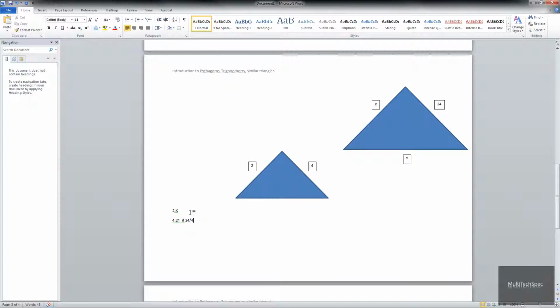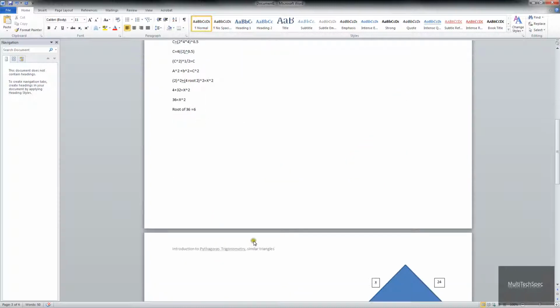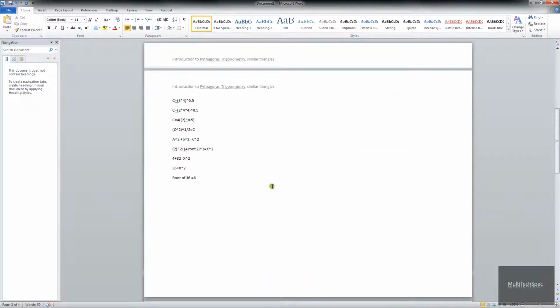If we divide 4 into 24, we notice we get a scale factor equal to 6. Now it will become clear why this is significant when we reach trigonometry.